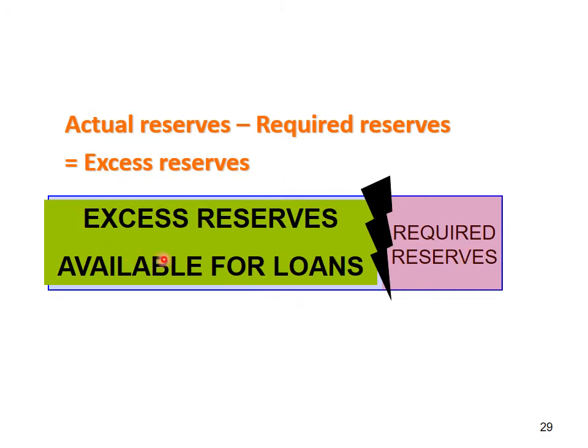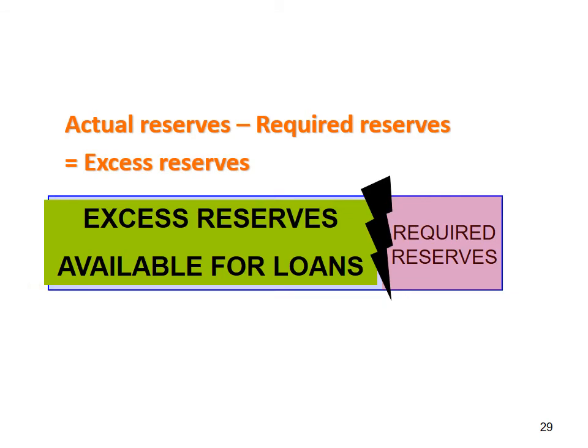But what they must do is keep the required reserves over here, because that is the law mandated by the central bank. The excess they can lend out or keep as excess reserve, depending on what portion they want to keep, or whether they want to lend out everything.